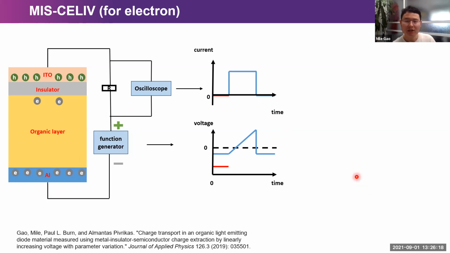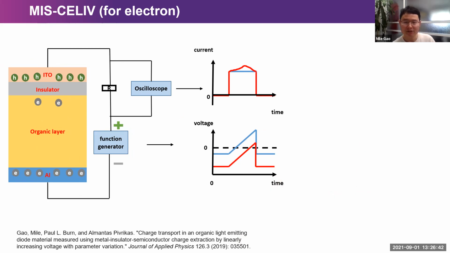At this time, no current should be detected. Then, with a linearly increasing voltage, these accumulated electrons will be extracted, forming an extraction transient. And when the voltage drops to offset, the device reaches a stable status again.